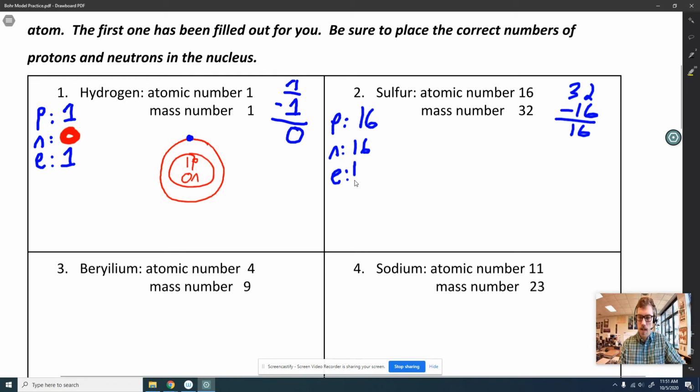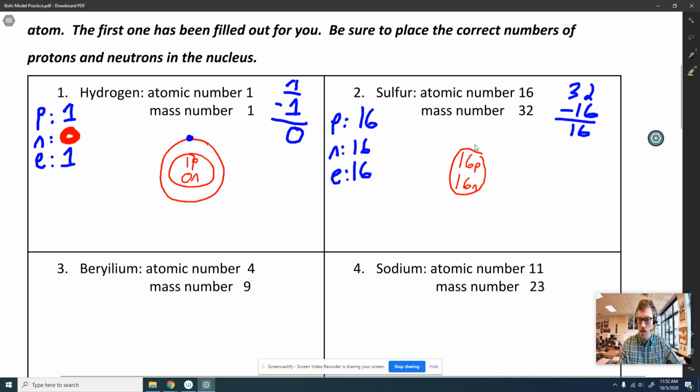And remember, our number of electrons is going to be the same as the number of protons, also 16. Okay, so that part is pretty straightforward. Now let's get into actually drawing our Bohr model. So how many protons? Well, we've got 16 protons, 16 neutrons inside the nucleus. So there's my nucleus. Not exactly a perfect circle, but that's okay.